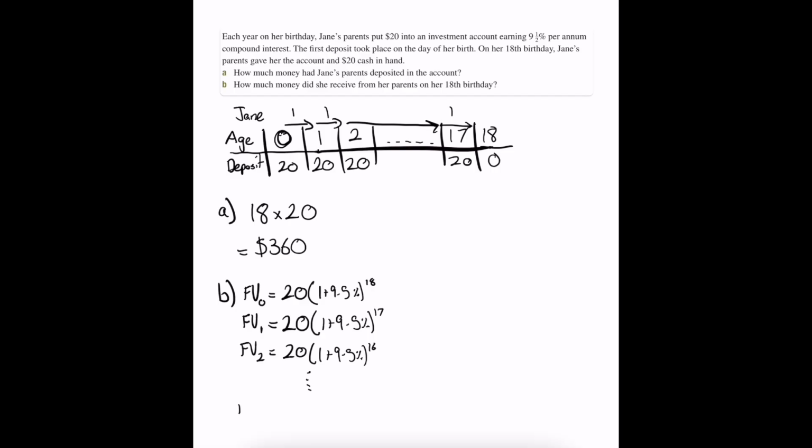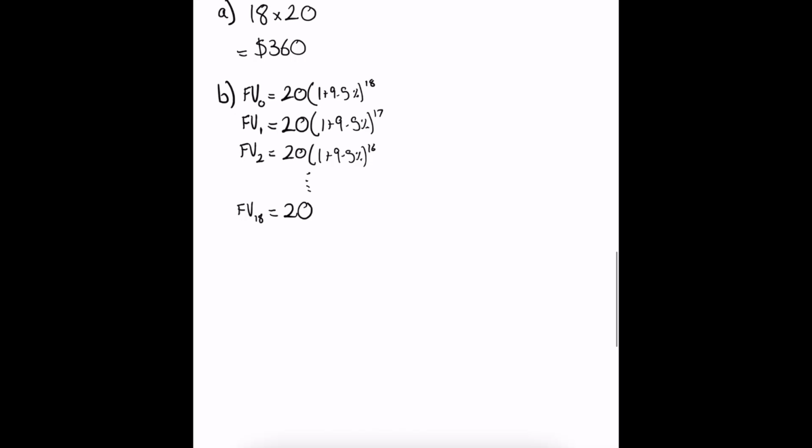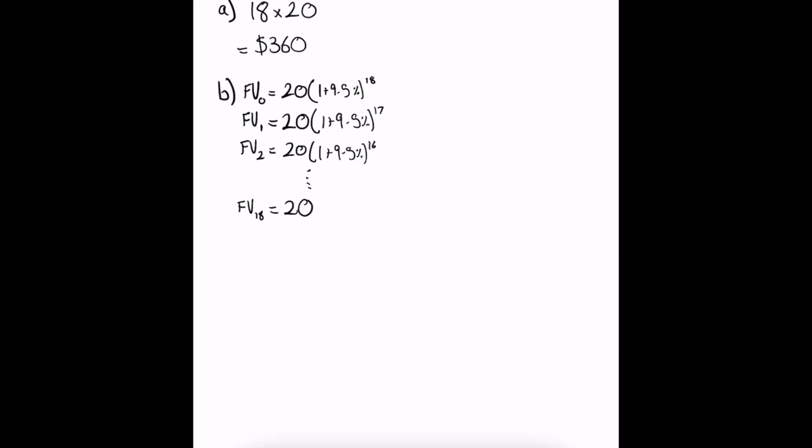And this continues until the future value of age 18, which is just the $20 cash in hand that the parents give her. So now, when we try and put this all together, remember the first dot point that we encountered was to work out what the accumulated compound interest is going to be for each installment. And now the second part of the process is to sum these all together by using a GP.